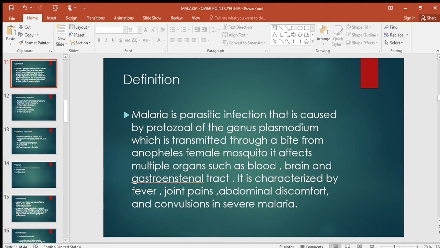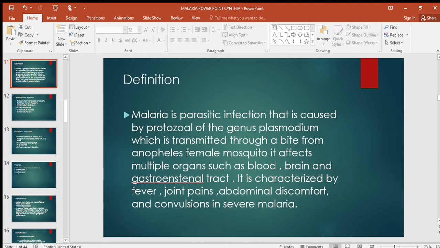When it comes to defining malaria, always remember that you need to state what type of infection it is. It is caused by parasites. Which parasites? The Plasmodium species, and it is transmitted.